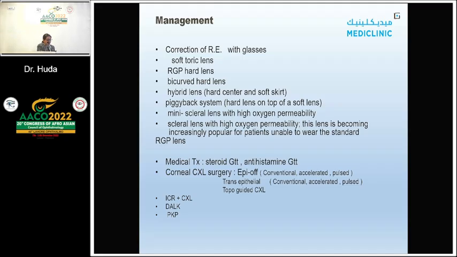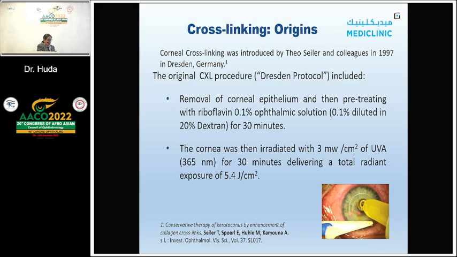We have so many types of cross-linking. We have conventional, which is 30 minutes. We have the accelerated, ranging from 4 to 8 minutes, pulsed, continuous, topo-guided, intracorneal ring with cross-linking, DALK, and PKP is the last stage. Cross-linking was first found by Dr. Wollensak, and the first protocol was the Dresden protocol.